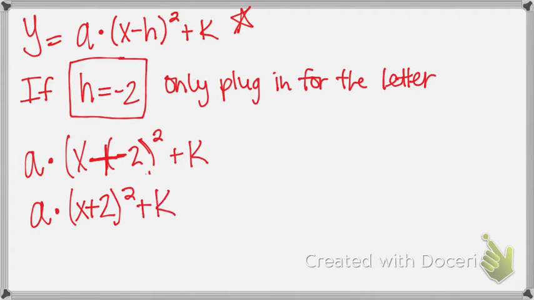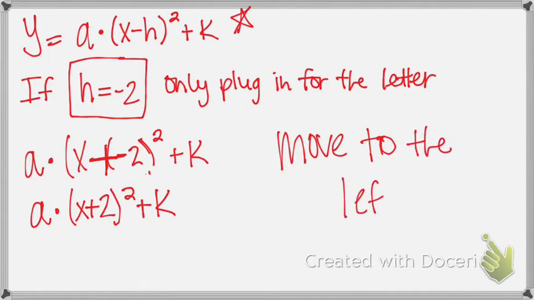Okay. Is this right here going to move to the left or to the right? Wait, it's going to move where? No, it's going to move to the left because this right here, the original H, is negative.